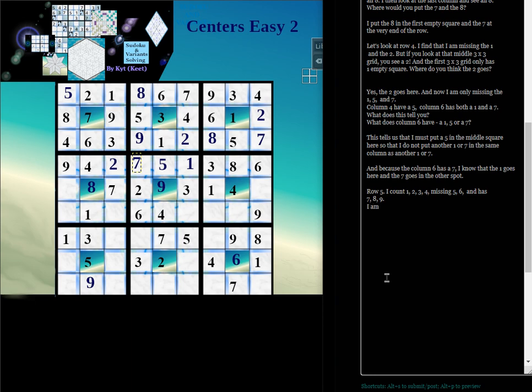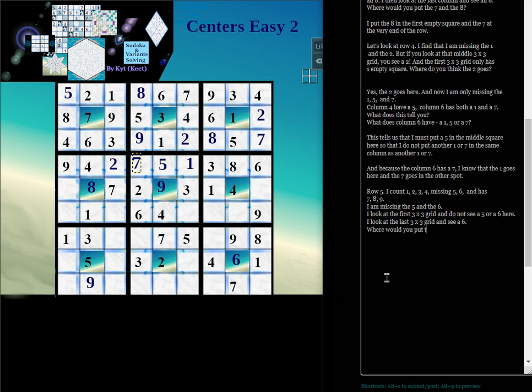So I am missing the 5 and the 6. I look at the first 3 by 3 grid and do not see a 5 or a 6 here. I look at the last 3 by 3 grid and see a 6.